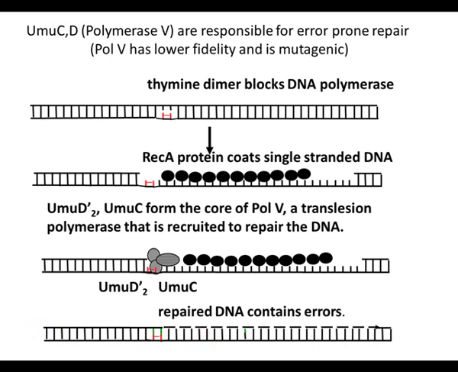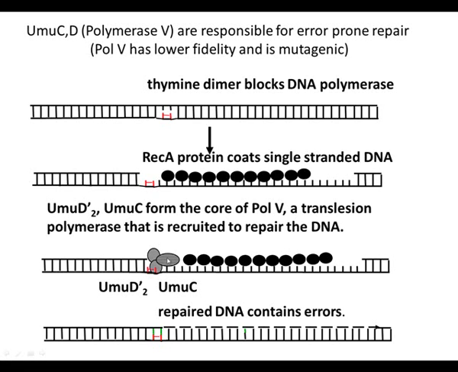Okay, so what happens when a DNA polymerase is copying this DNA with a thymine dimer in it is it doesn't know what to put in here, and so you create a region of single-stranded DNA. RecA binds, and when RecA is bound here, this new polymerase is recruited.